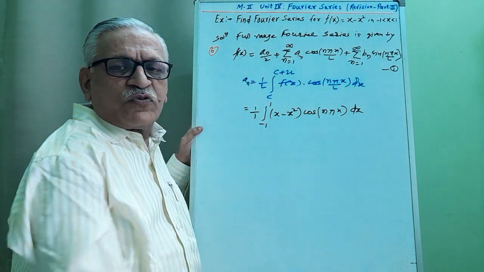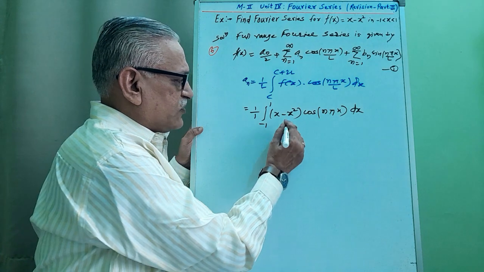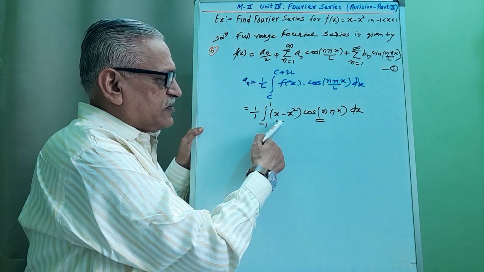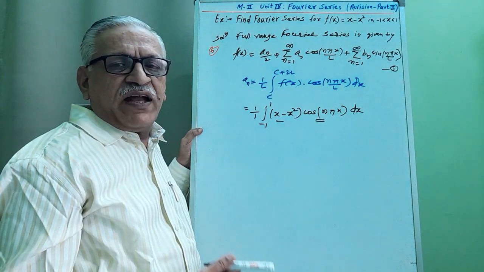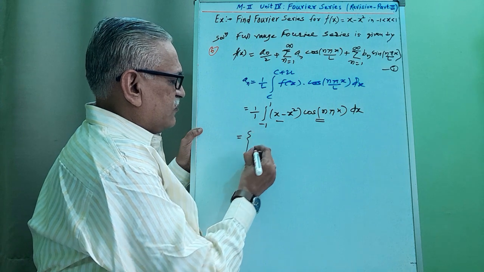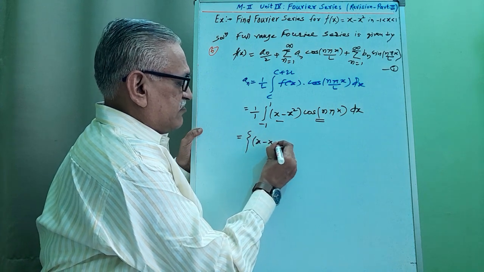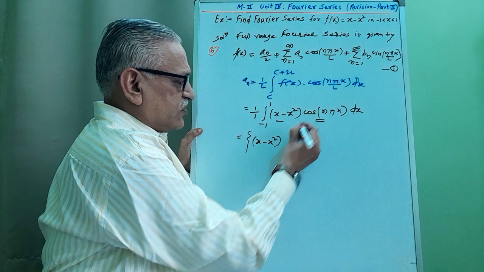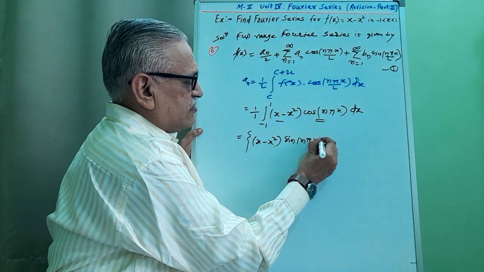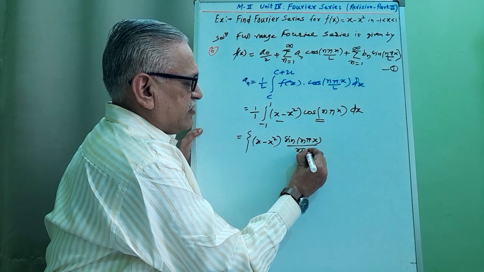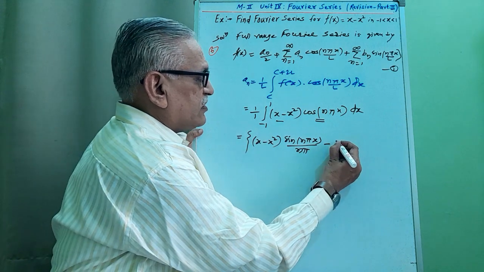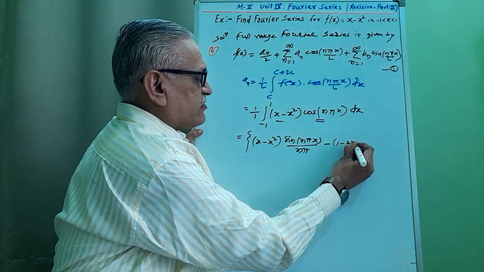Here it is a product of two terms of x. First one is algebraic, second one is trigonometric. Therefore this must be the first and this one as second, and integrating it by generalized parts, we get first term x minus x square, integration of cos is sin n pi x divided by n pi, then minus differentiation of this with respect to x: 1 minus 2x.